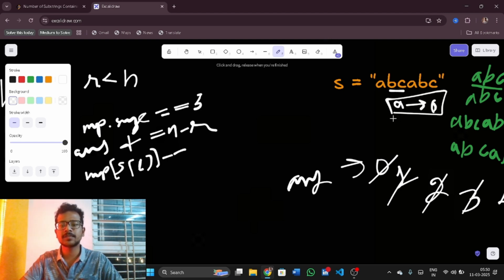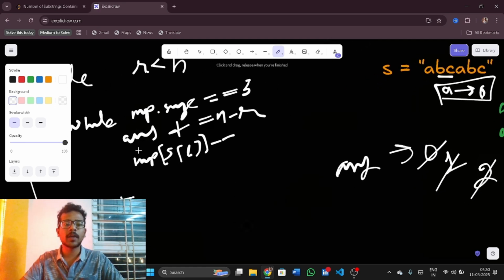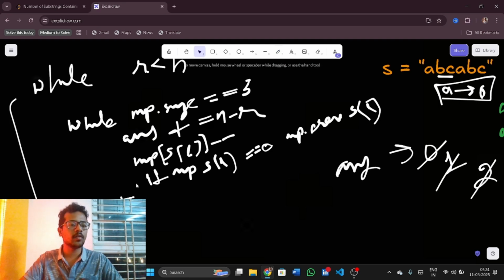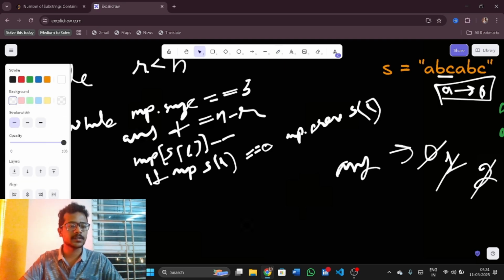When any character's frequency is 0, then in an unordered map we need to erase it. If MP of S of L is equal to 0, then MP dot erase S of L.